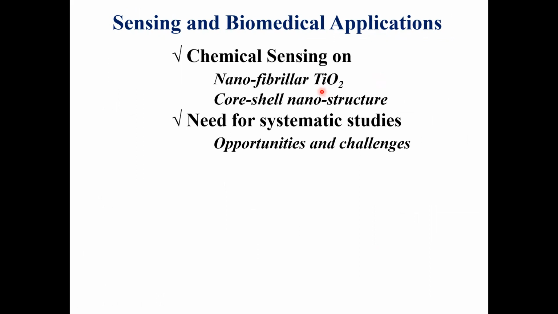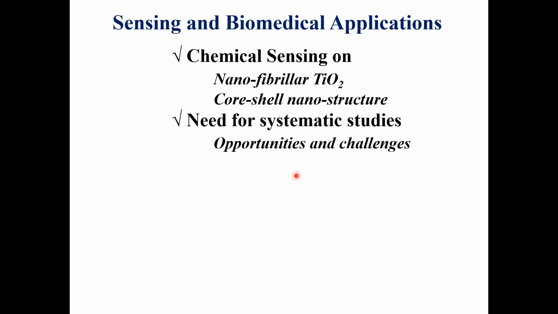Chemical sensing on nanofibrillar TiO2 structure that we talked about that we create by hydrogen etching, core shell nanostructure that we create by oxidation of titanium alloys. And then I'll also talk about the fact that there is a real need for some systematic studies.